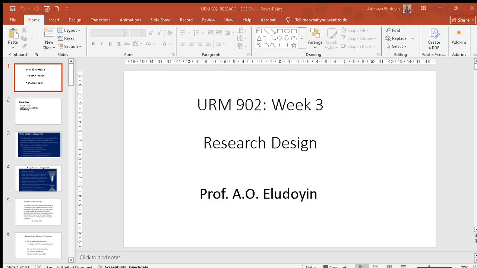The question is, why do we need to have a research design? Because we need something that will facilitate smooth sailing of all our research operations. We don't want to get to the field and find out that the money and the effort we are going to put into this research is more than it can take within 4 years. We don't want to go to the field and discover that we don't even have money to accomplish this research.